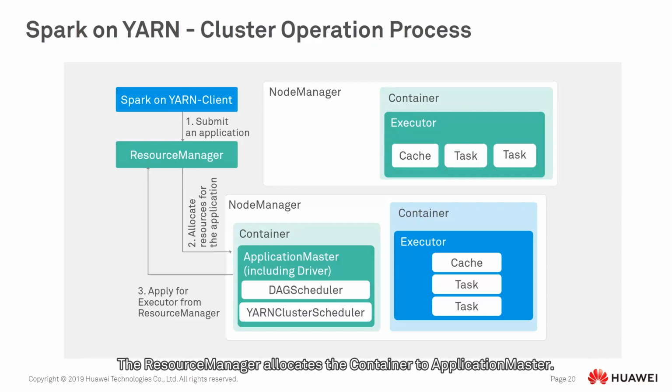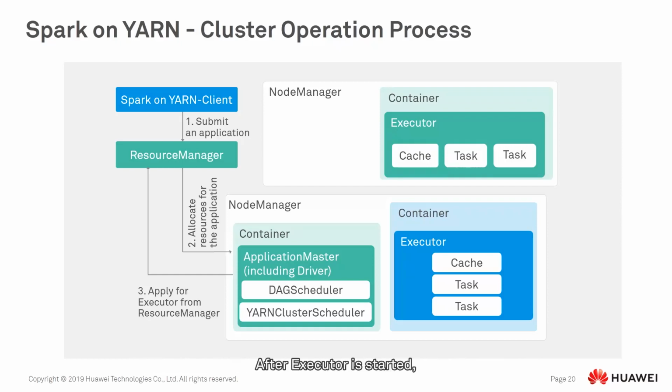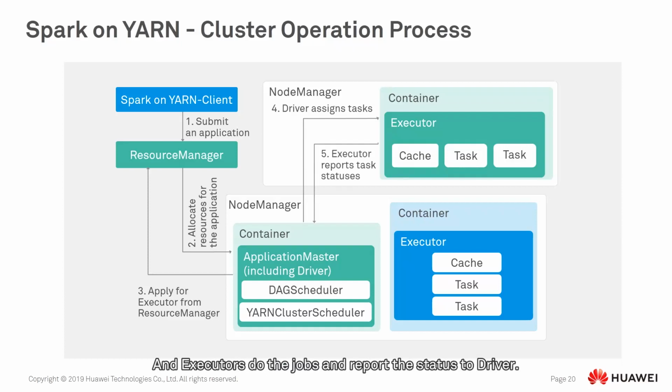The Resource Manager allocates a container to Application Master. Application Master communicates with the related Node Manager and starts Executor on the obtained container. After Executor is started, it registers in driver and applies for tasks. Then, driver allocates tasks to executors, and executors do the jobs and report the status to driver.